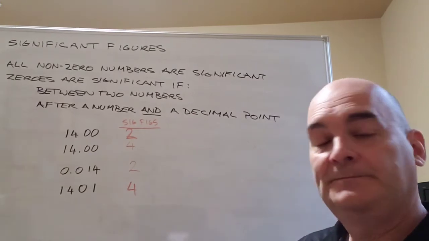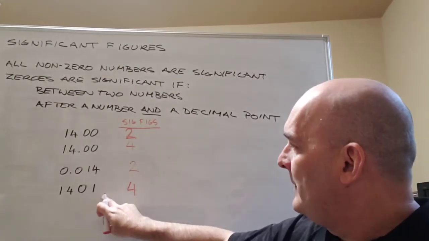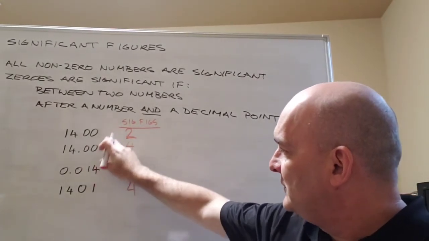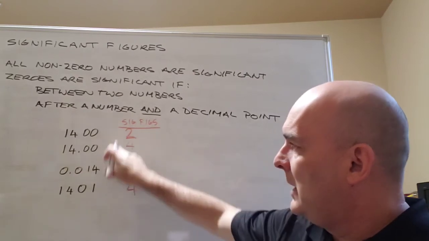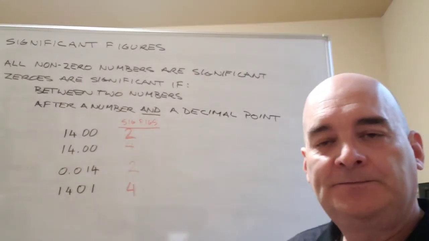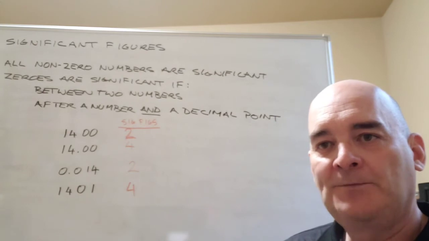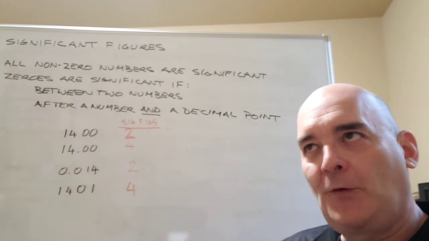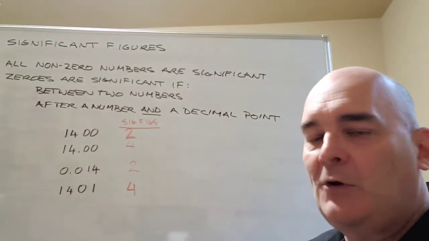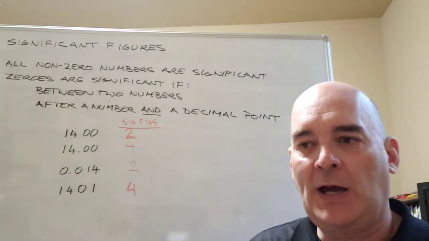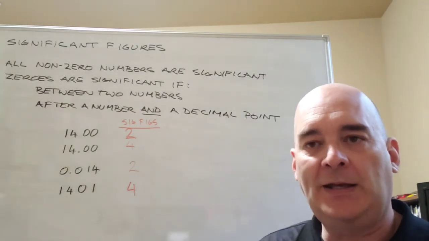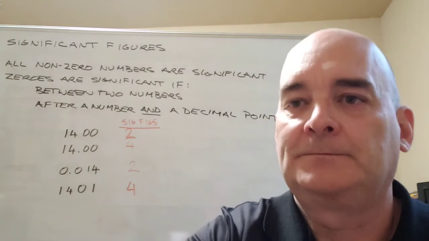So there you go. This number is precise, and that number is precise, and these 2 numbers are less precise. That's how significant figures work. All right, the rules for using significant figures, there are only 2 usage rules. One is for either multiplying or dividing, and one is for adding. We'll look at those now.